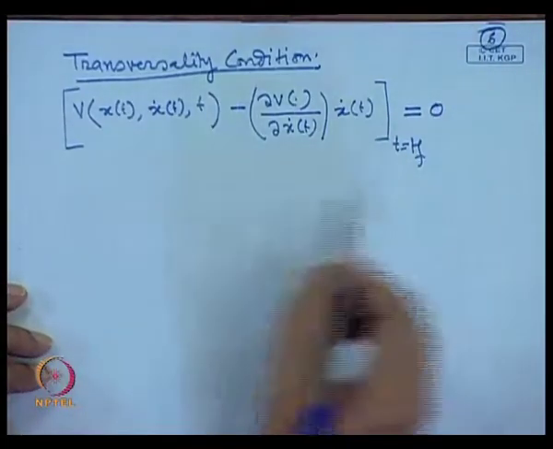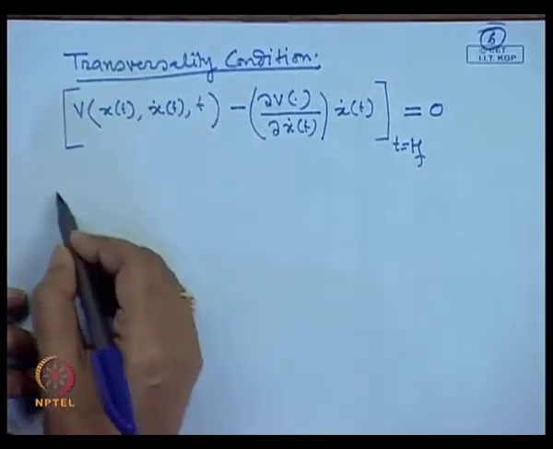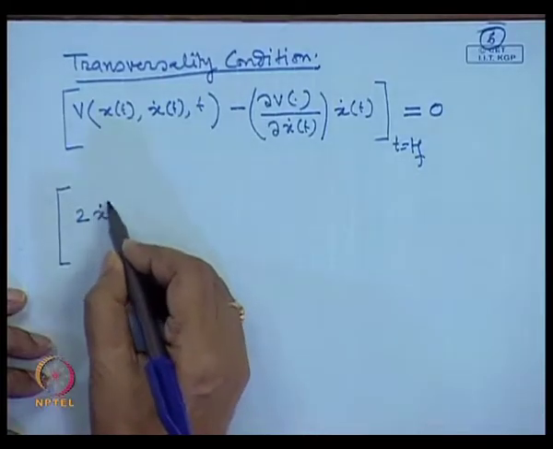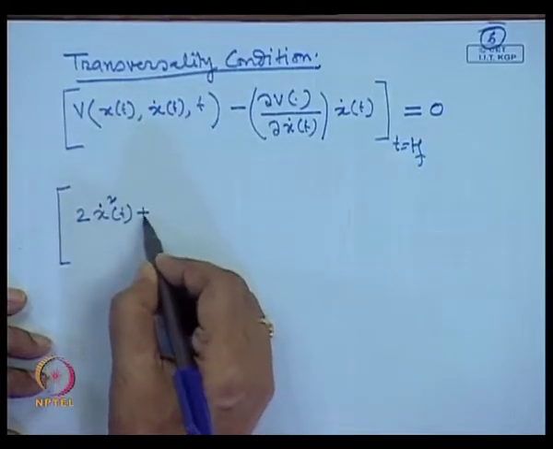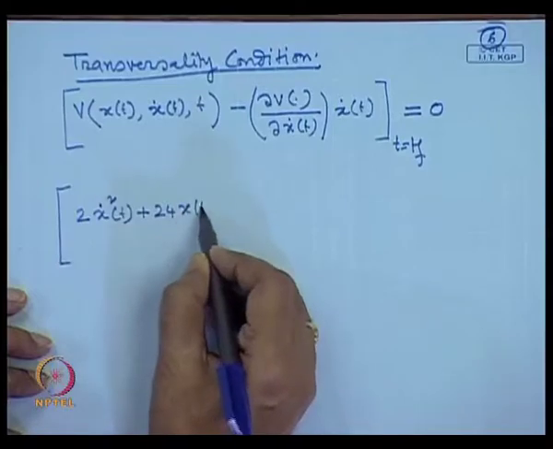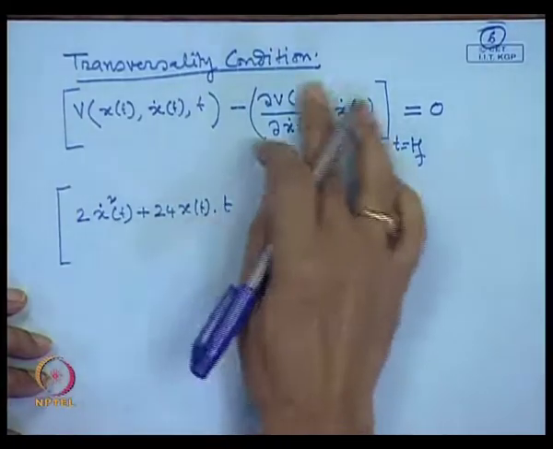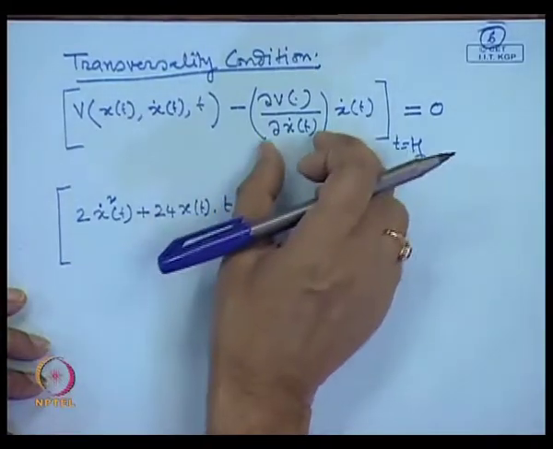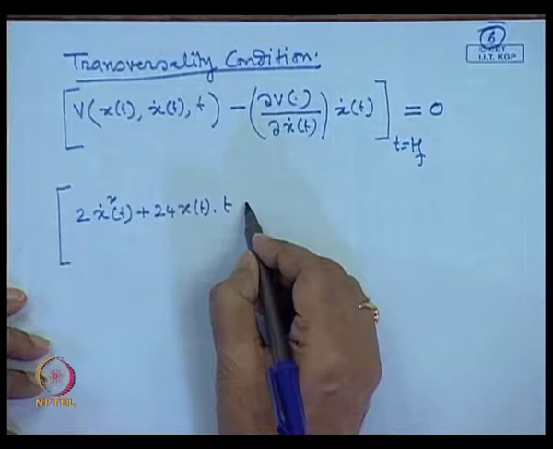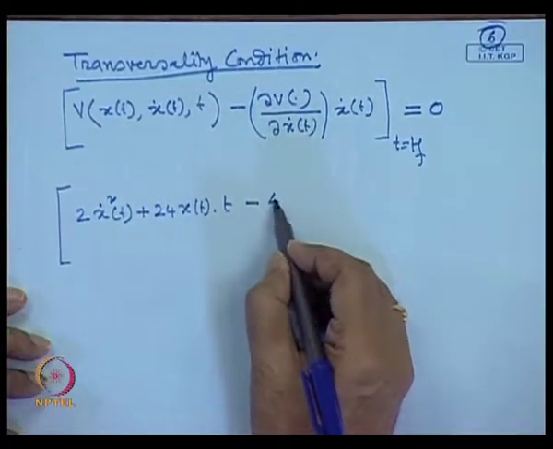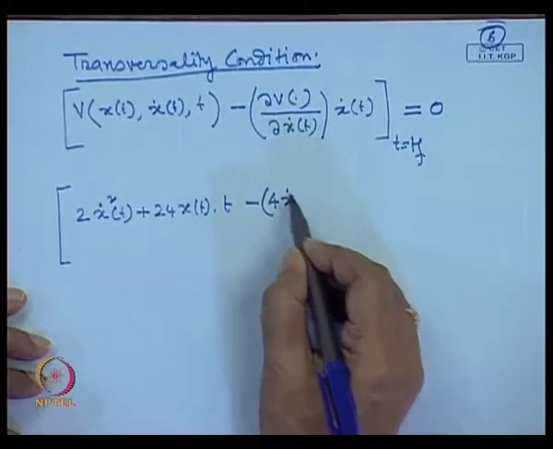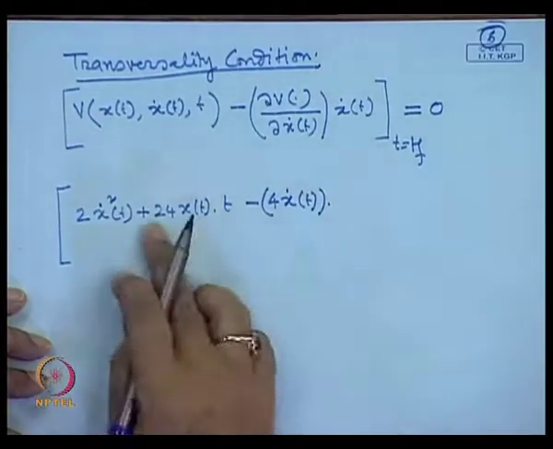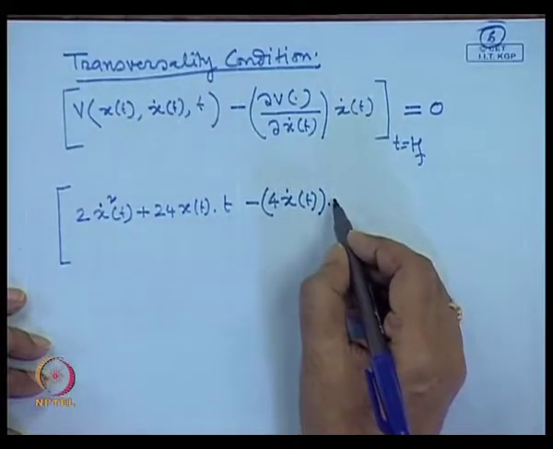Agree? So, now write this equation, v of x is equal to x dot square of t plus 24 x of t into t. Now, differentiate this with respect to x dot, which gives 2 x dot of t, the other term is 0 because I am differentiating with respect to x dot.